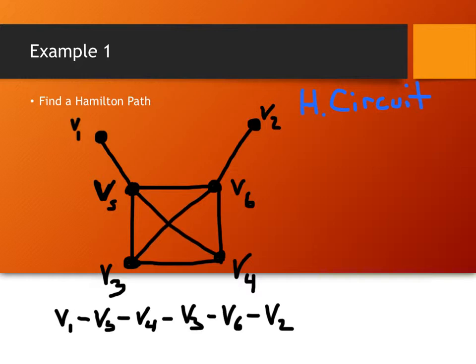And the trouble with that is once you've passed V5, you can't use V5 again. So to try to trace back up to V1, it's not going to work. So it turns out here's a Hamilton path for this graph. A Hamilton circuit for this graph does not exist. A lot of times we'll just put DNE for does not exist.